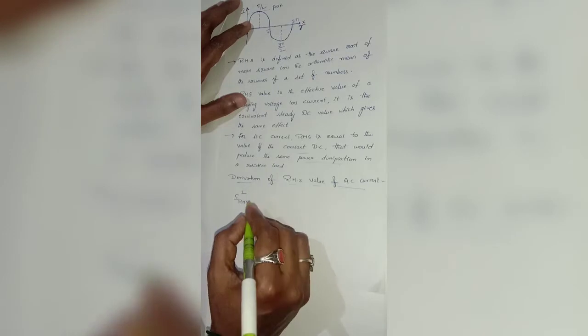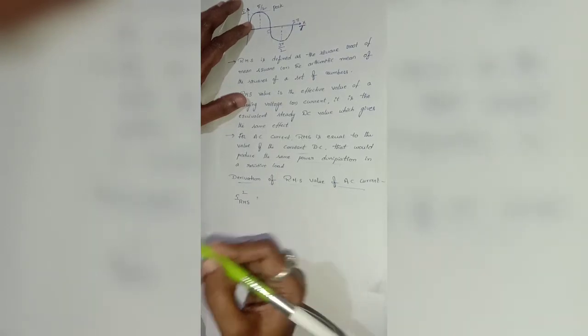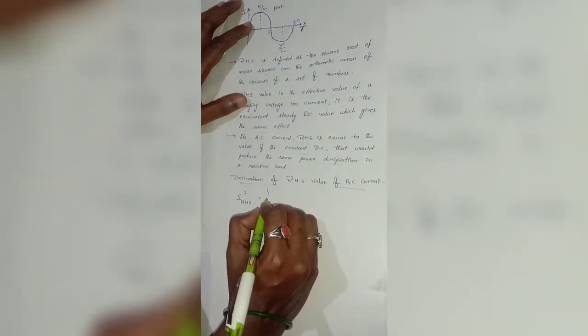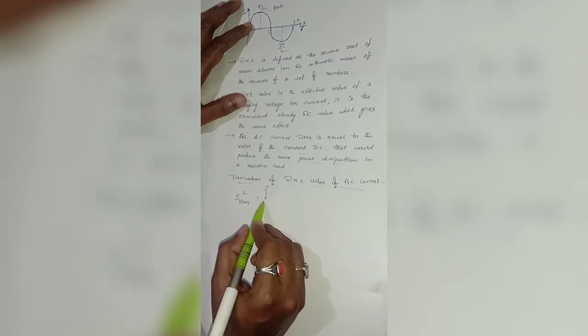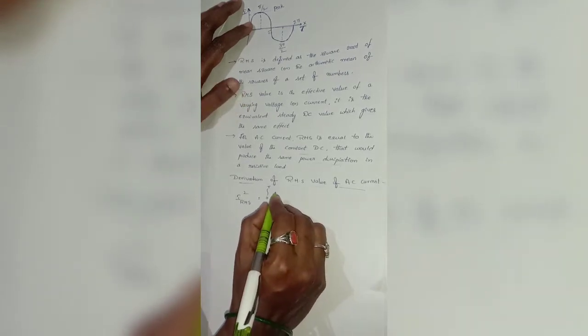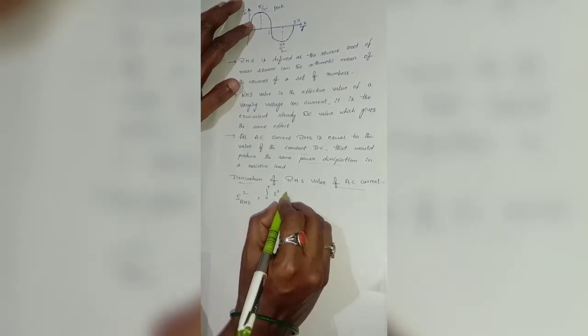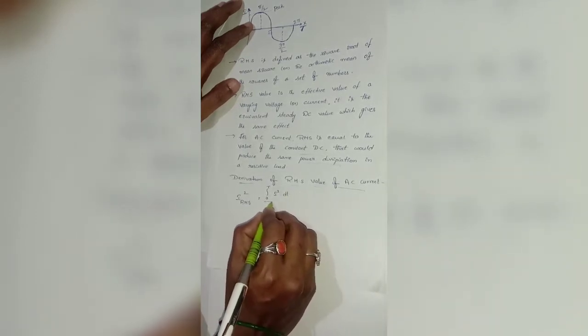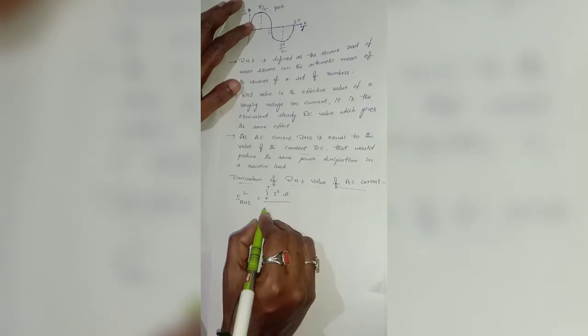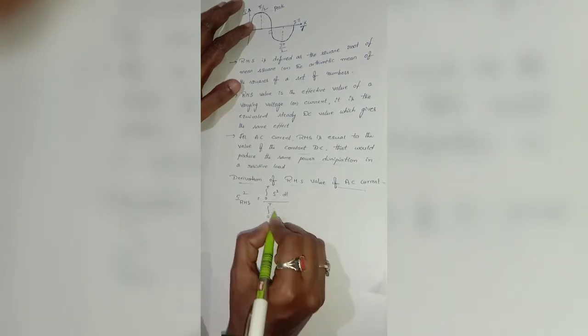IRMS square is equal to integral of 0 to T of I square dt, divided by integral of 0 to T of 1 dt.